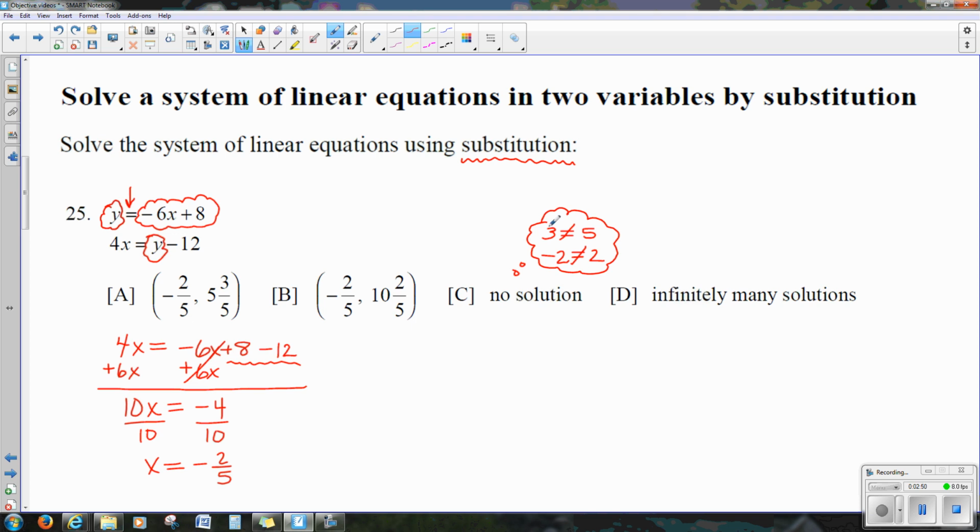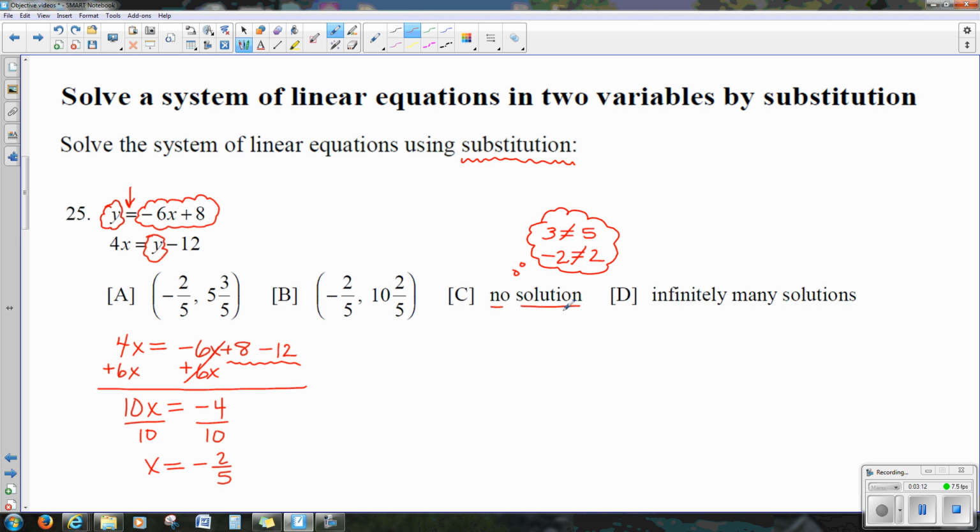If you get a false statement, then you would have to say that there is no solution, because that's telling you there's no point on the coordinate plane that satisfies both of these equations at the same time. If you solved for their slope, you'd realize that they have the same slope. They're parallel lines. That's why they have no solution.